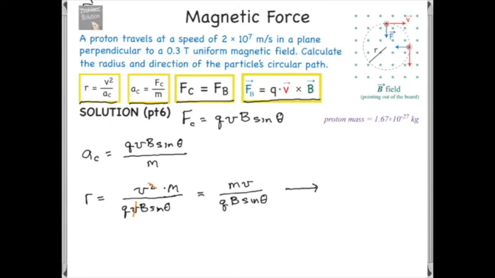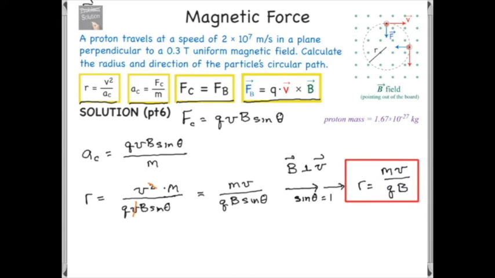And in the limit that we have the B field being perpendicular to the velocity, then sine of theta is equal to 1, and we end up with R is equal to m times the magnitude of v over q times the magnitude of B. And that is our equation for the radius of curvature for this problem.